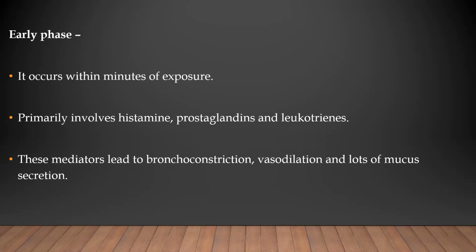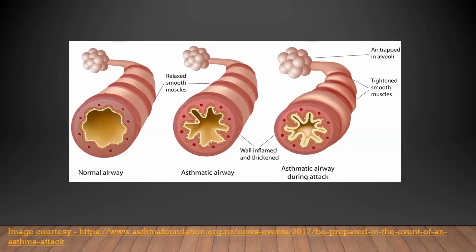So a lot of mucus is getting secreted because of these mediators. So this is all about the early response. You have to remember it occurs within minutes of allergen exposure. And what are the mediators that are involved in it? These are histamine, prostaglandins, and leukotrienes. And these mediators are going to cause bronchoconstriction and a lot of mucus secretion.